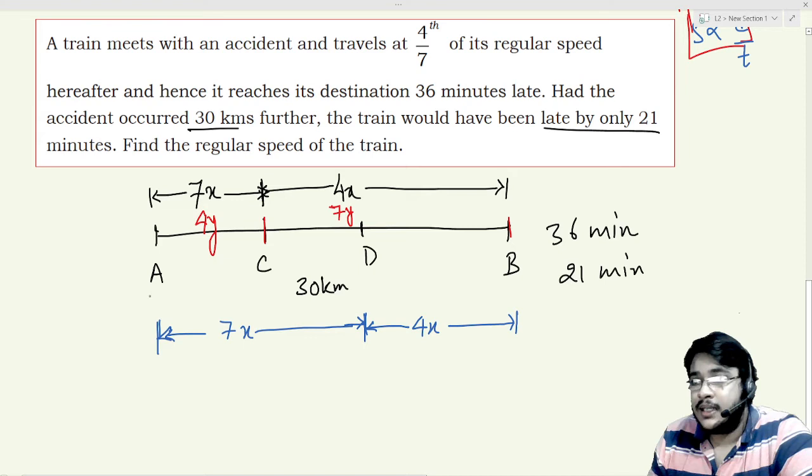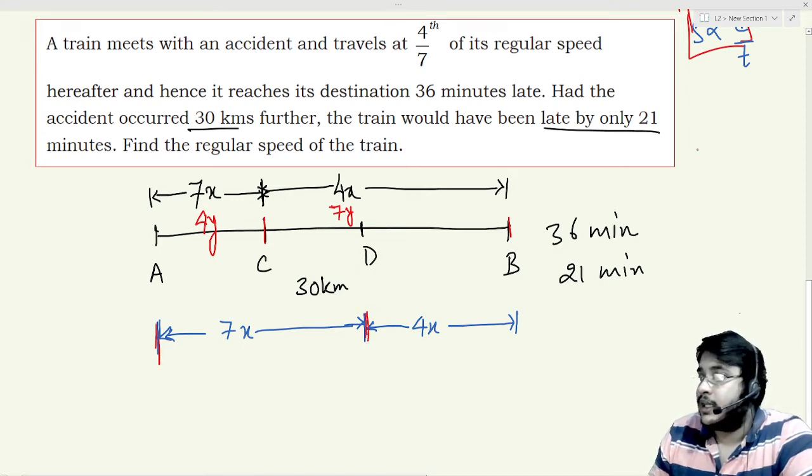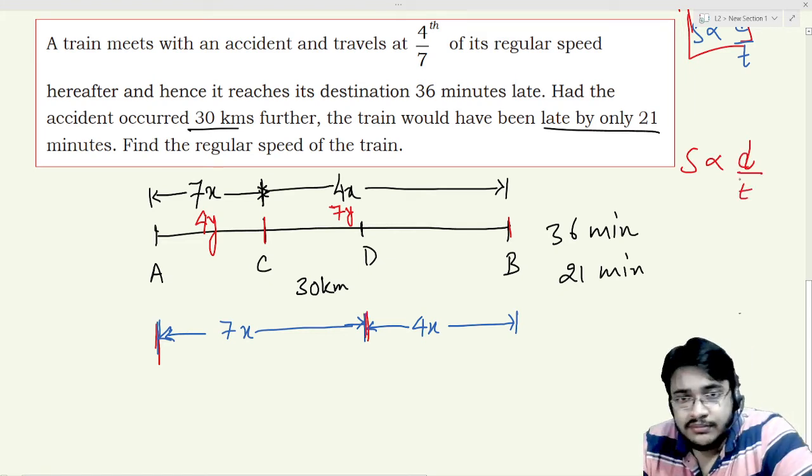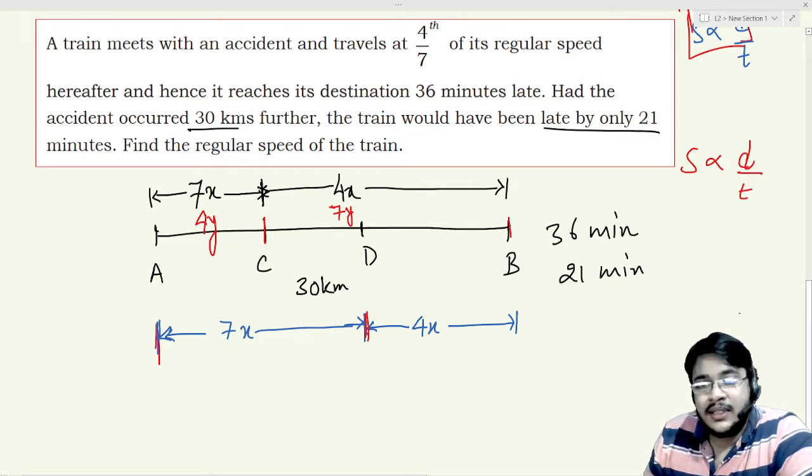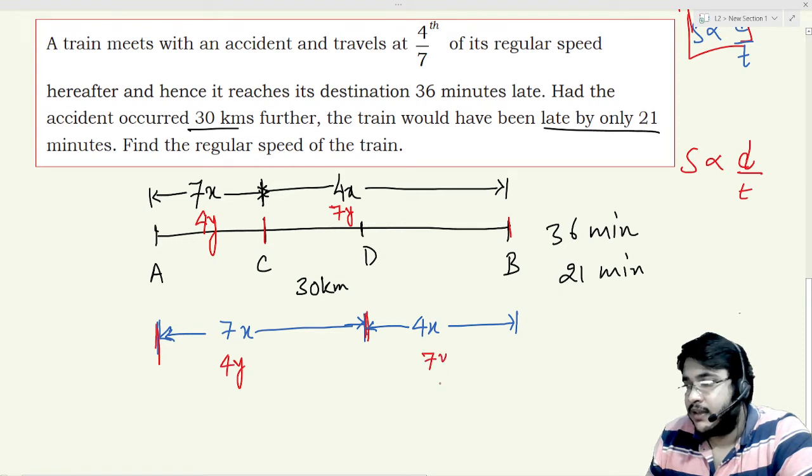The same thing happens. Can you understand what I am doing? I am again using speed is directly proportional to d upon t, or in other words speed is equal to distance by time. Using that same logic, I am given the speed, so I am now trying to calculate the absolute time. So now this becomes 4y and this becomes 7y.